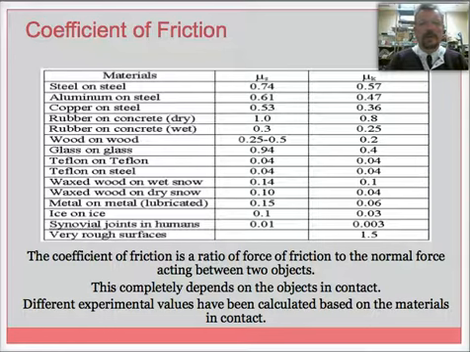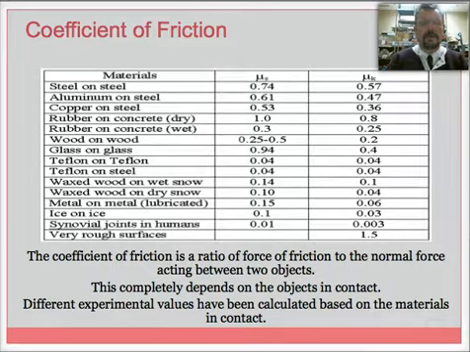You'll notice waxed wood on wet snow, the coefficient of static friction is 0.14, whereas wood on dry snow is 0.10. So there's less friction. Metal on metal, when it's lubricated, is pretty low.